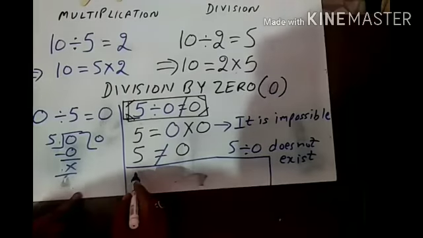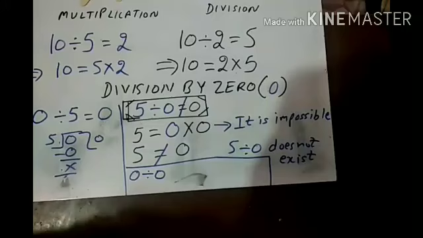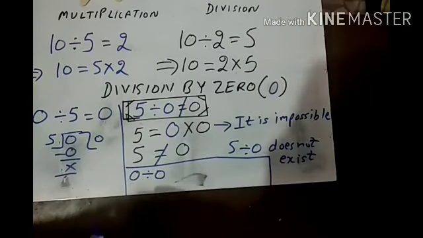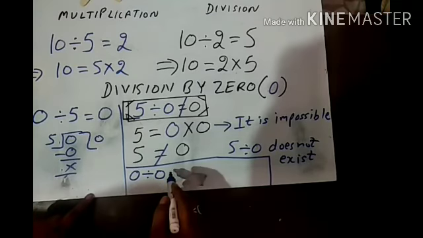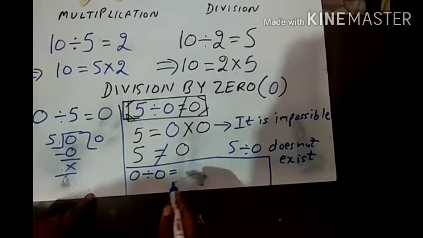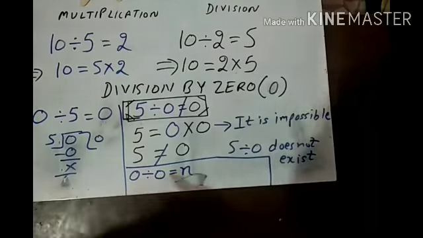Now the next case is, if 0 is divided by 0, then what is the answer? Its answer will also be that it does not exist. But how? We will see that if 0 divided by 0, I say the answer is any whole number. I will write this as n.